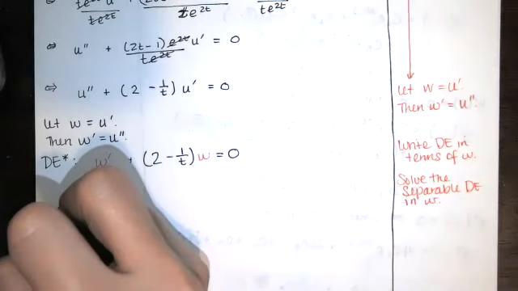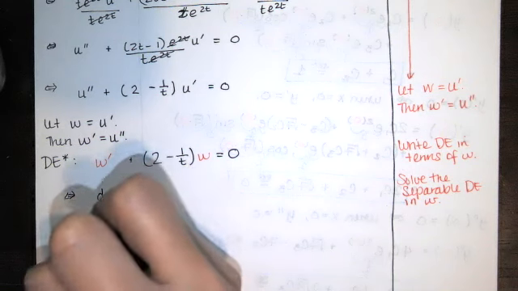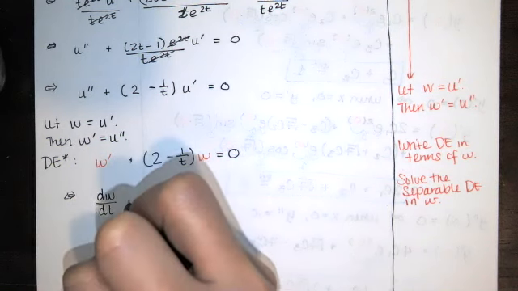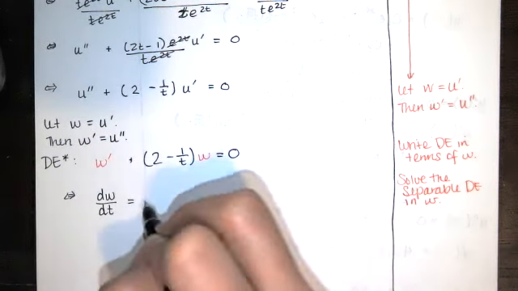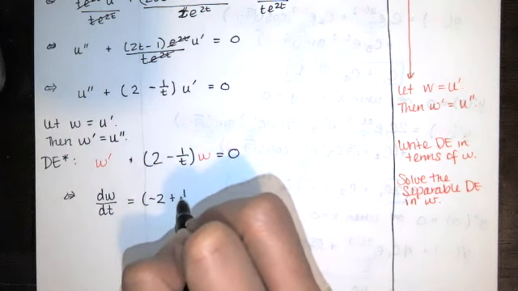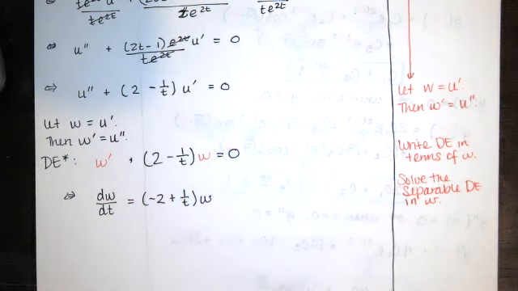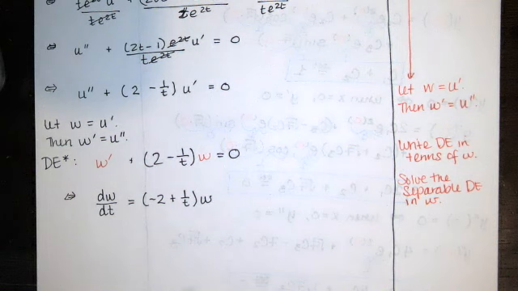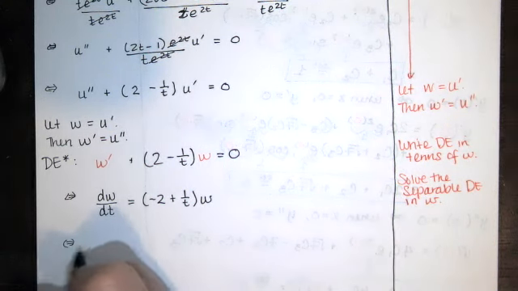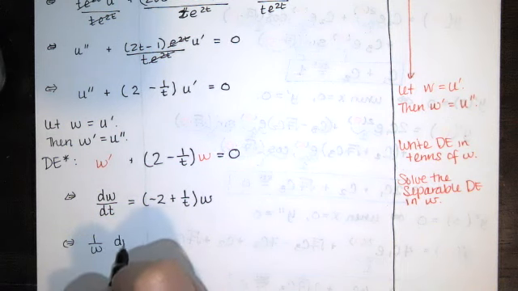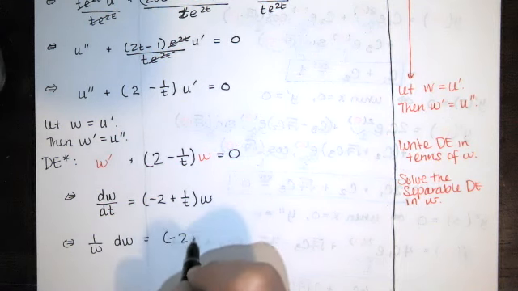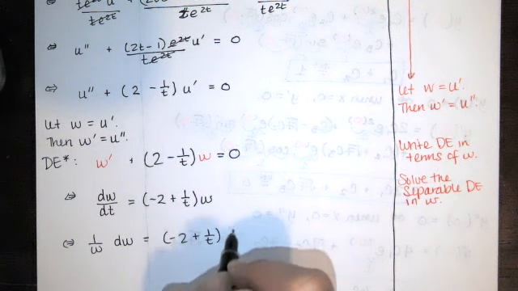That requires remembering that w prime is the same as dw dt. We'll subtract this from both sides. So it's just going to flip the signs and put that over there. Now, if we multiply both sides by dt and divide by w, we'll have 1 over w times dw equals all of this times dt.